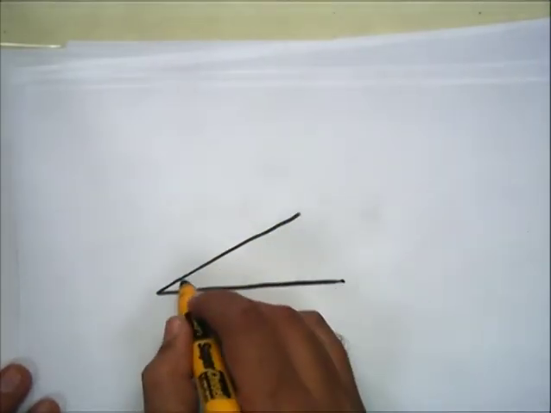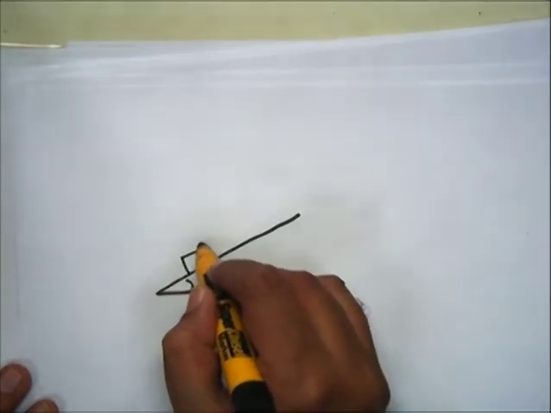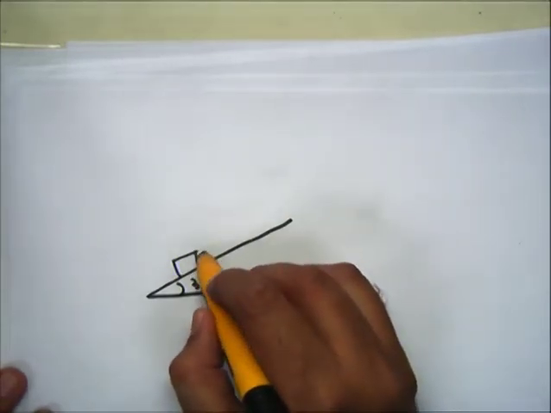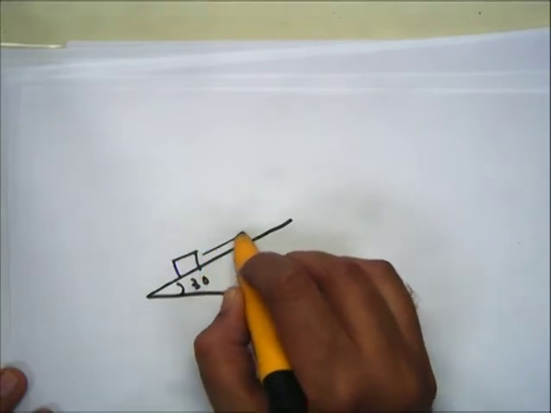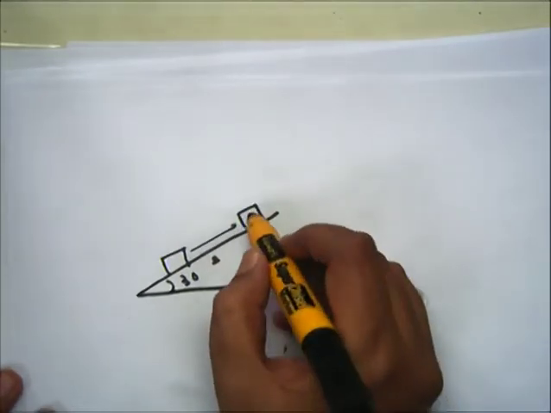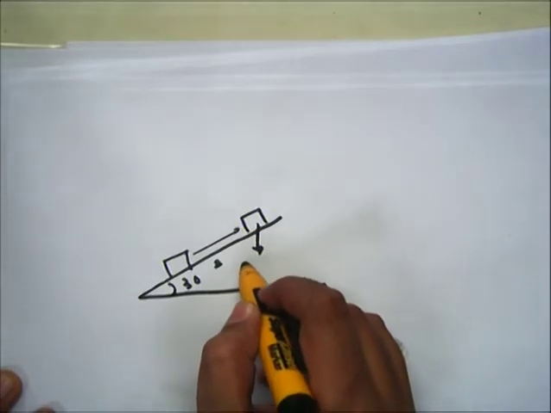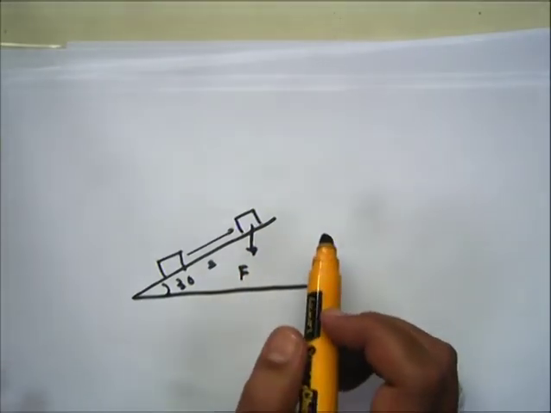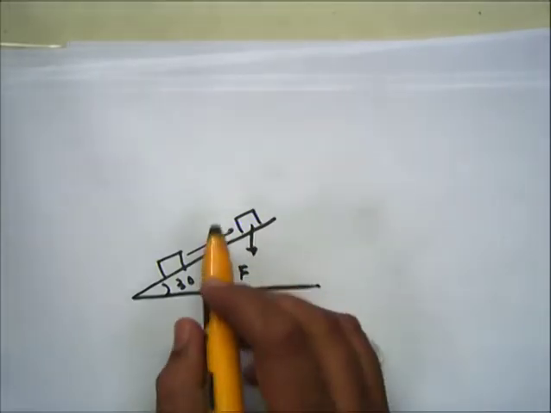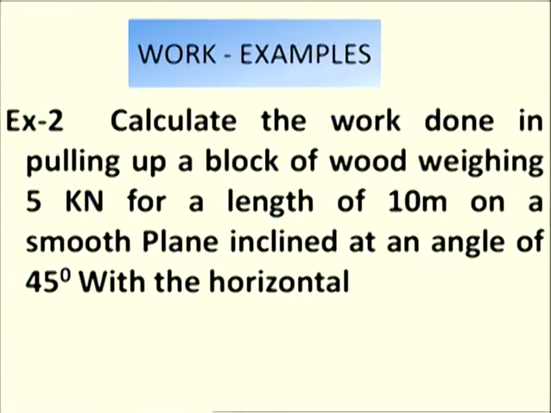Here is the inclined plane. The block is here. We are pulling this block from here to here. It is the S. Weight of the box is W here. In the example, the angle here is 45 degrees.